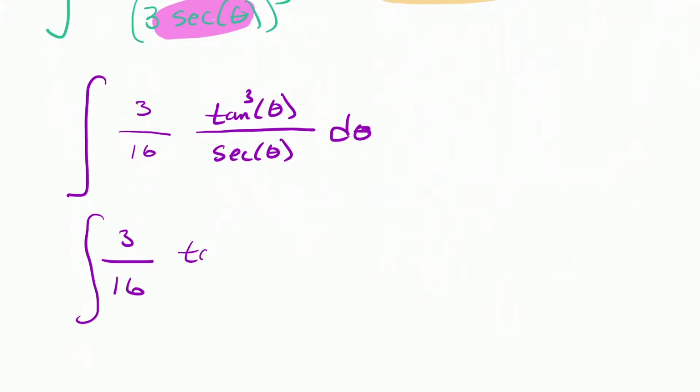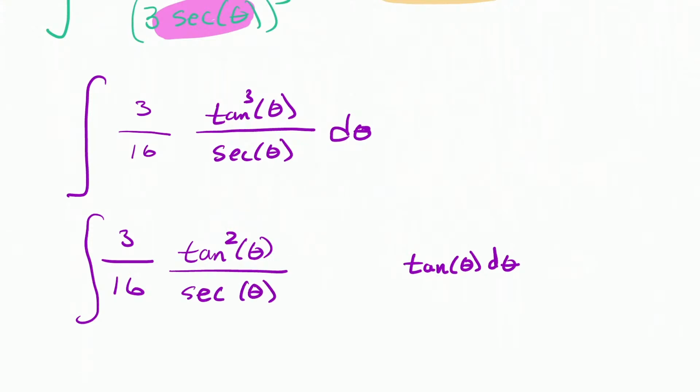So you have tangent cubed on the numerator. Tangent squared, because I said I was going to pull out a tangent here. And then you have secant in the denominator, but I'm going to pull out another secant, which I can't do unless I put an additional secant down there. So you see how I kind of used a little bit of magic?